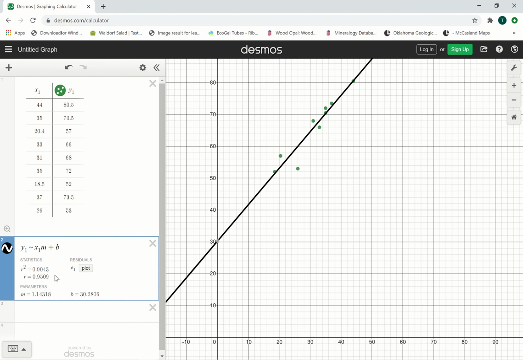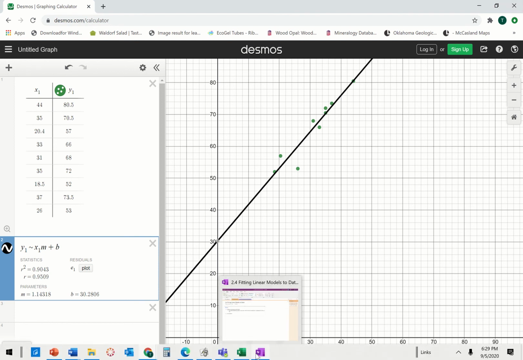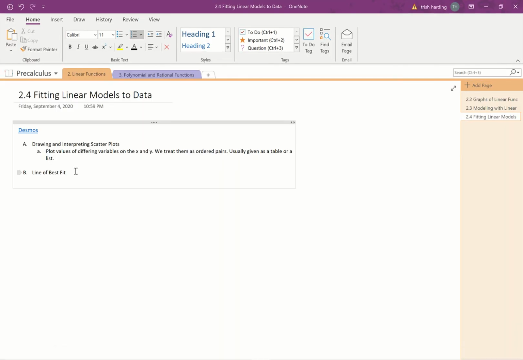Now R, that's a really good one. This is called the correlation coefficient, which means that it determines how well things correlate. Let me get back into here.